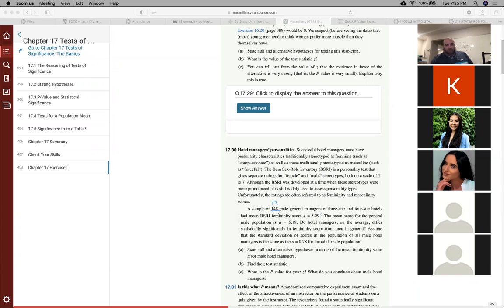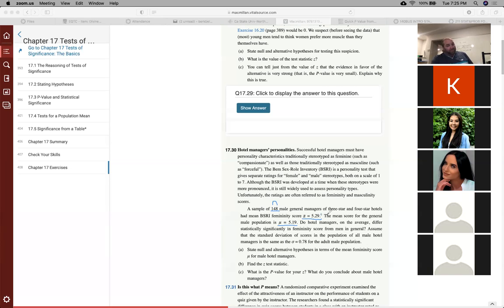Okay. So a sample of 148 male general managers of 3 and 4-star hotels had mean BSRI feminine score x bar equals 5.29. That's always great because they don't tell me, I don't have to figure out, oh, that's my x bar. They told me that it was x bar, which was fantastic. The mean score for the general male population is mu equals 5.19.